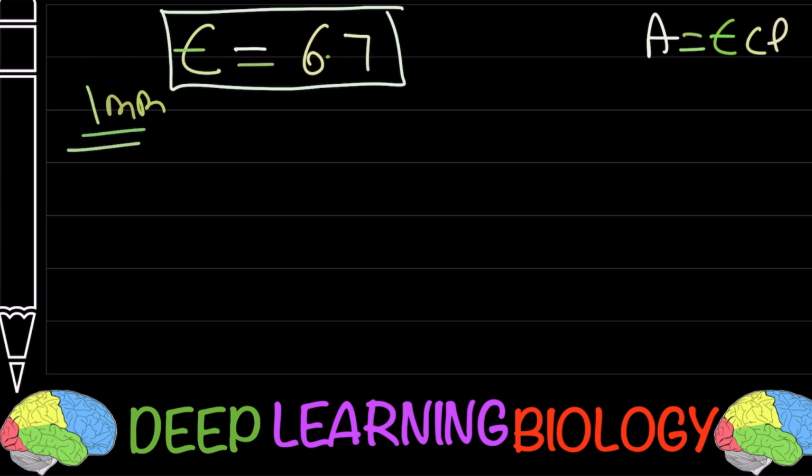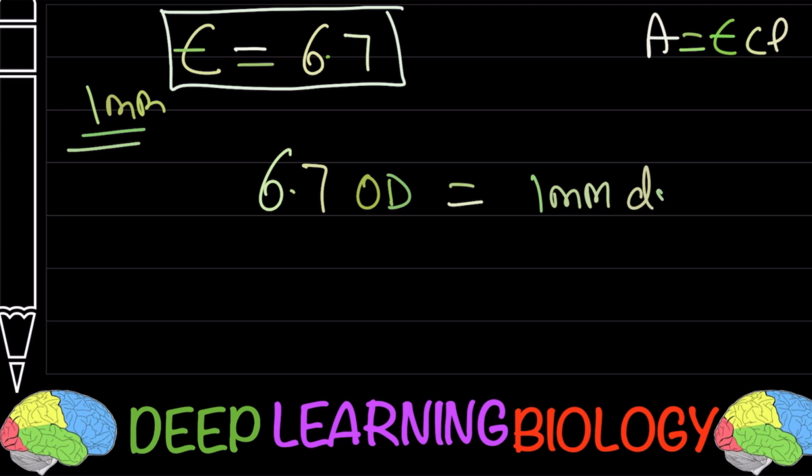What does it mean? It means 6.7 OD is equal to 1 millimolar double stranded DNA.